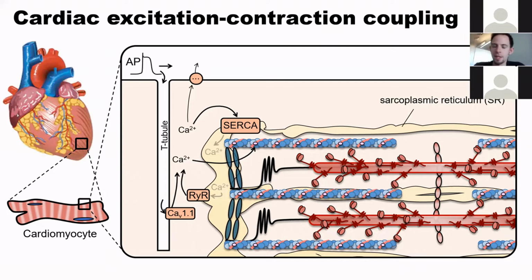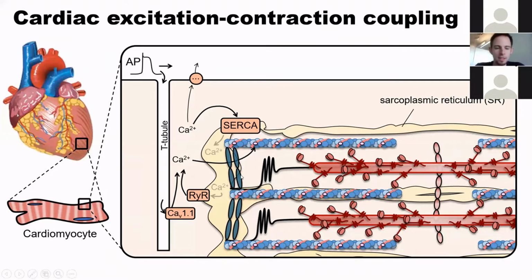This calcium then triggers the release of further calcium ions from the cell's internal storage compartment for calcium, the sarcoplasmic reticulum. Together, this leads to a wave of calcium within the cardiomyocyte that can activate the myofilaments in the sarcomere, to enable it to perform cross-bridge cycling and to generate force.